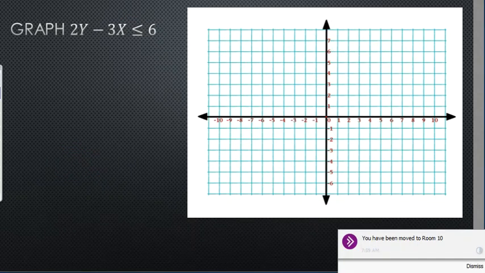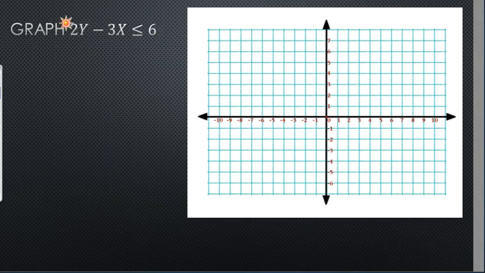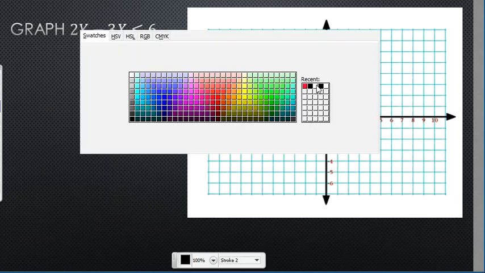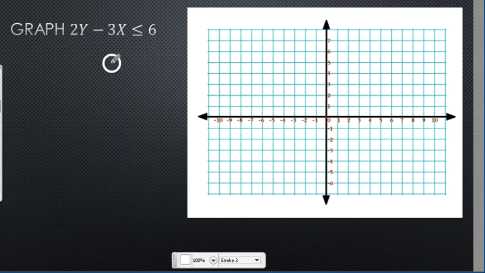Okay, so let's go ahead and graph this linear inequality. We're going to go through all of the steps again. So remember, step 1 is to solve your inequality for y, to put it into slope-intercept form. So 2 times y minus 3x is less than or equal to 6. To put this into slope-intercept form, we're going to add 3x to both sides.